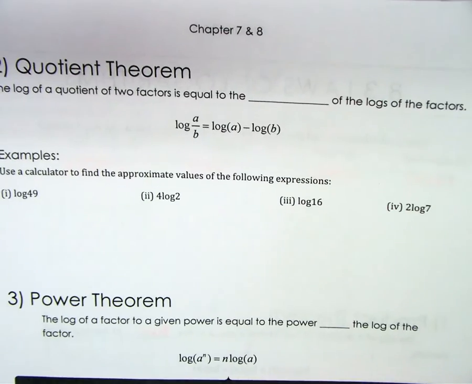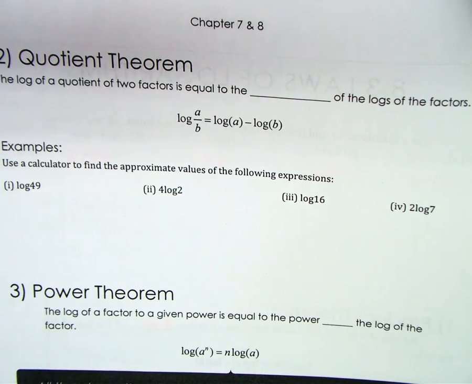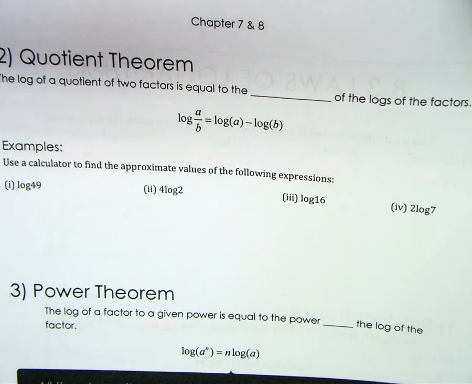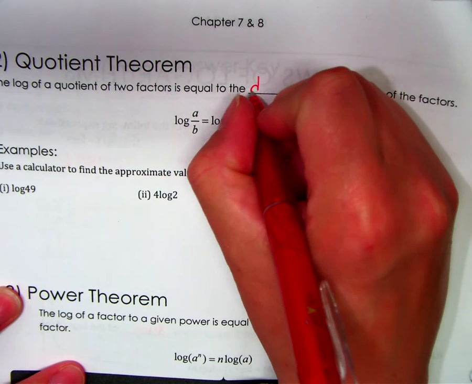Spacing on this is weird. Okay, so you have just discovered the quotient theorem. So the log of a quotient of two factors is equal to the difference.